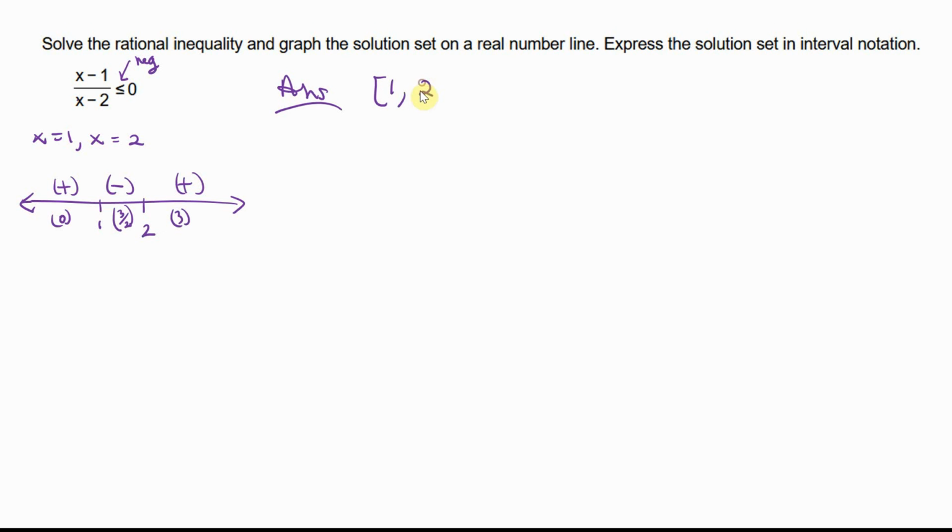It wants to include 2, but 2 is downstairs, and x cannot equal 2, so it's parentheses there. And then so that graph would be, here this is the 1, to 2, 1 to 2. Okay.